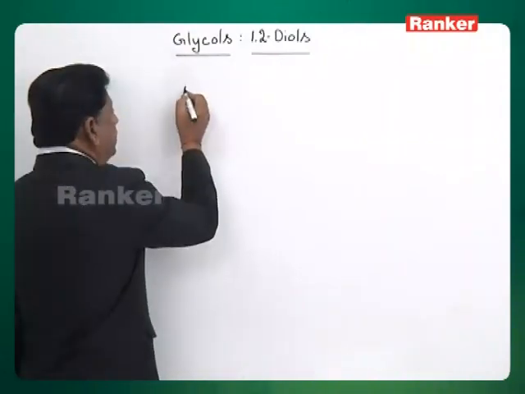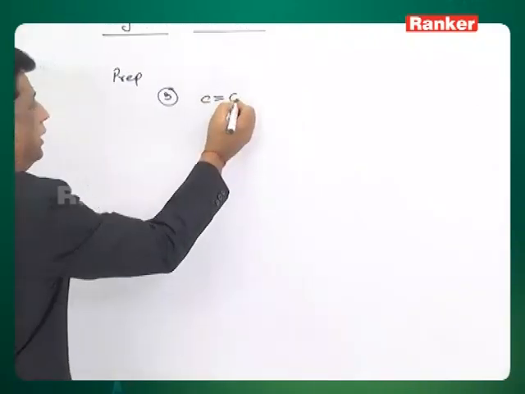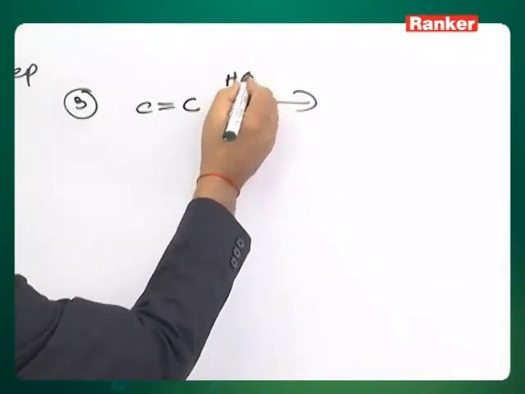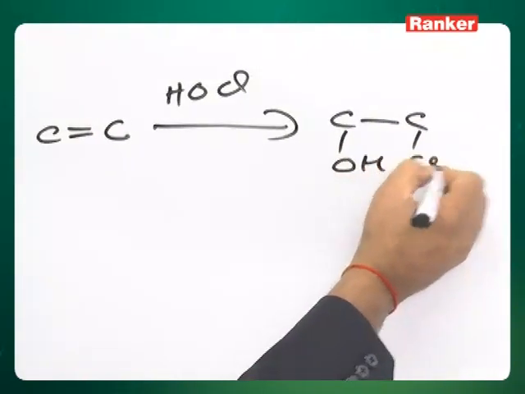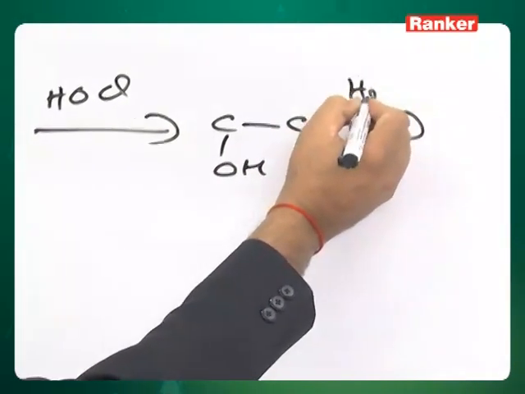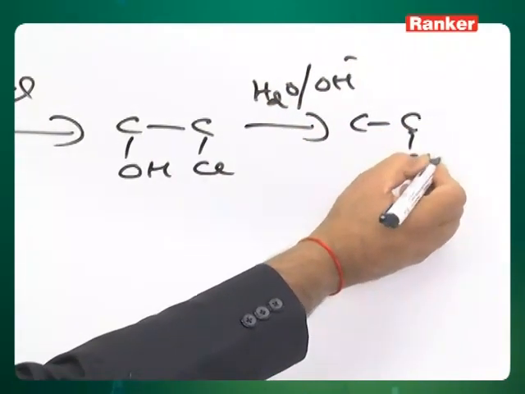So now under the preparations, let us go for the third method. You can take an alkene and add HOCl, hypochlorous acid. So on one side OH will come, on the other side Cl will come. Hydrolysis in basic medium gives the diol.